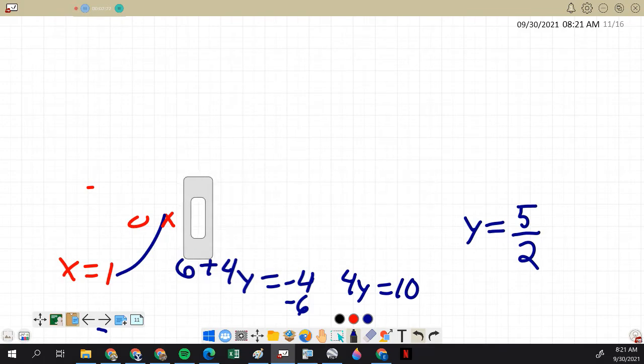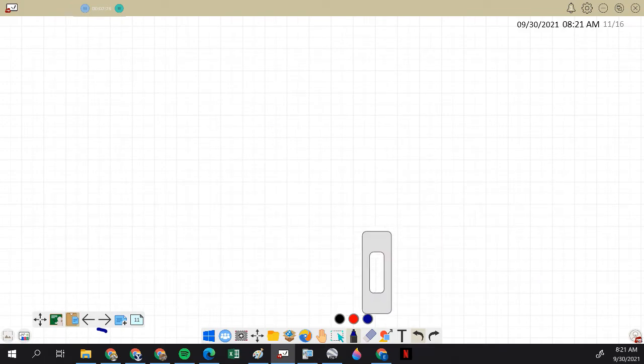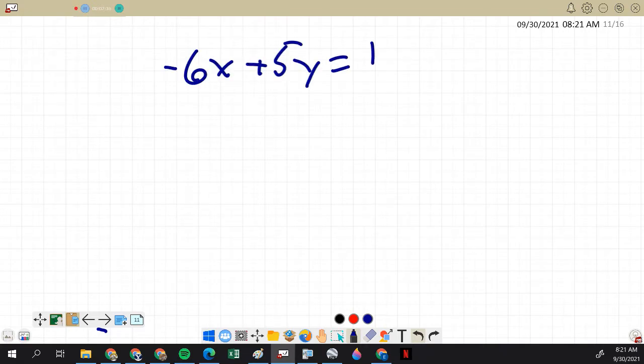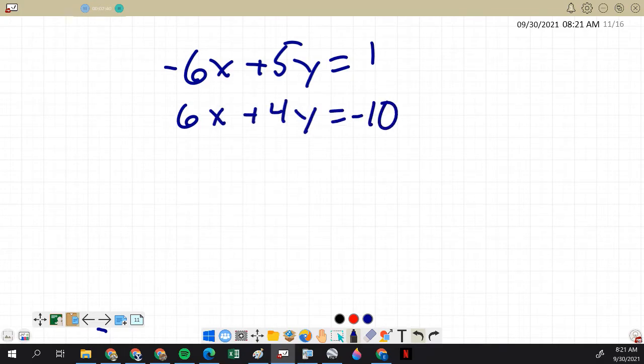Now, elimination is really easy when the variables are set up in such a way that they do eliminate. So look at number 1. Well, let's not do 1. Let's do number 4 on your worksheet. So the x's are set up for elimination. Same value, different signs. Those cancel, and I get 9y equals -9.